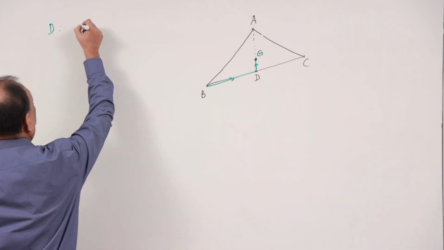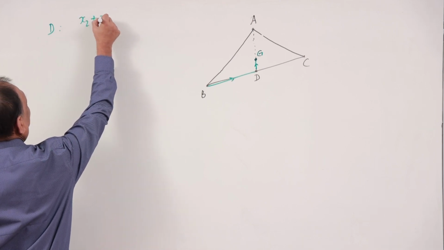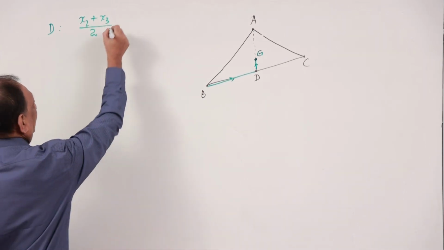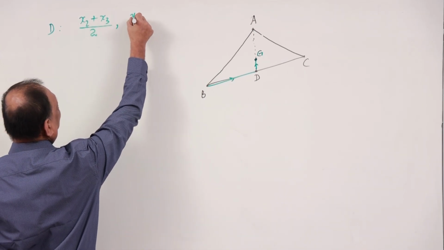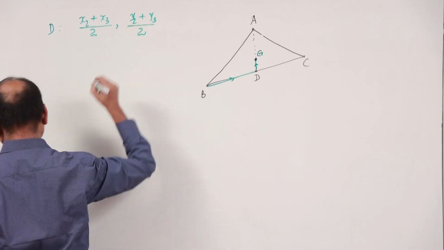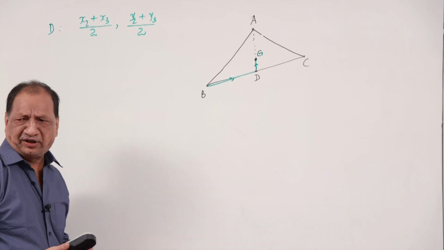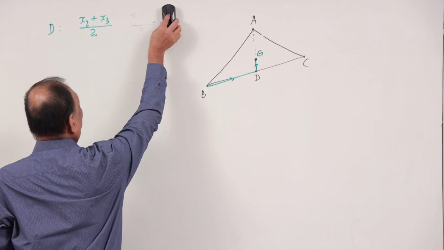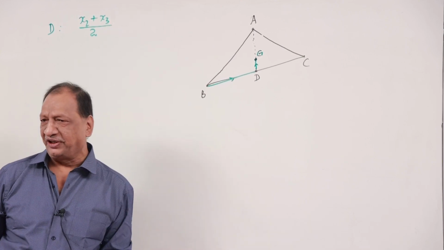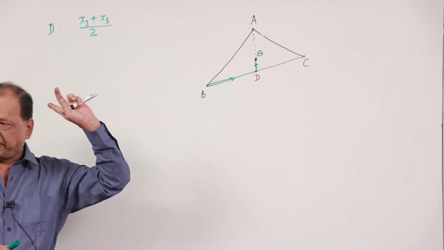So therefore, this will be x2 plus x3 divided by 2, comma, by symmetry y2 plus y3 divided by 2. That is the ordinate. In fact, since symmetry is going to work both ways, we will not even bother writing the y coordinate for the moment. We can write that in the conclusion only. So I am only looking at x coordinate of this. X coordinate of D will be x2 plus x3 by 2.